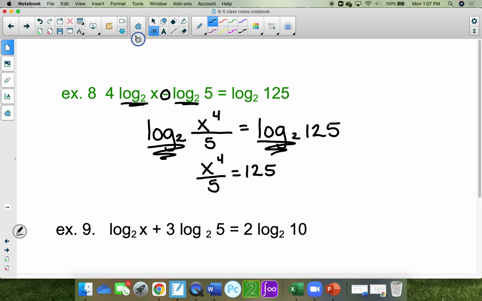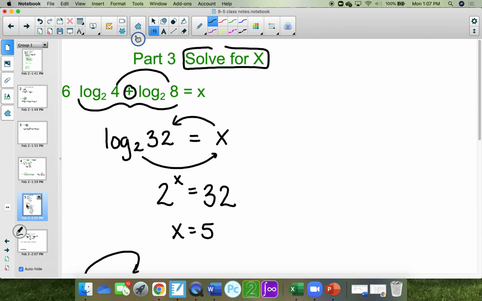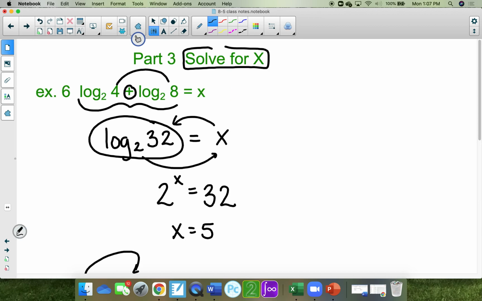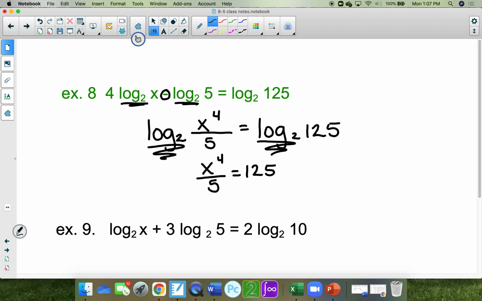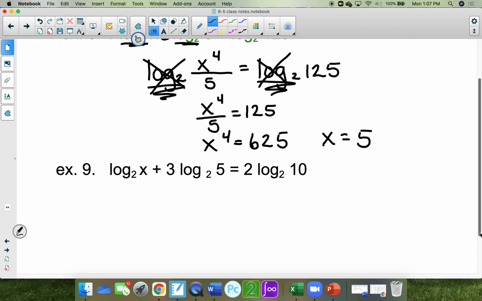So I just want to go back to the last problem. In the last problem, you only have one log. If you only have one log, you do the loop around. When you have a log on either side, like this one, you can cancel them out and just set them equal to each other. So x to the 4th equals 625. X equals 5. 5 times 5 times 5 times 5, 4 times, is 625.